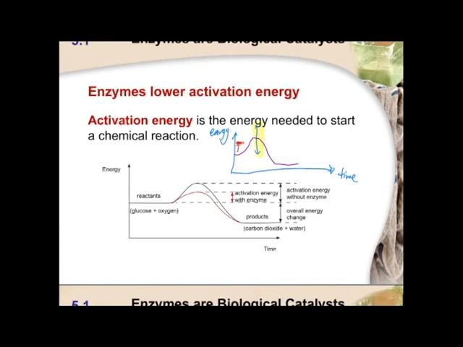But with the role of the enzyme, the enzyme would actually reduce the amount of energy to a shorter period here. And this will then allow the same amount of heat energy to overcome the barrier and to start the reaction, to kickstart. Now, why do we need this activation energy?